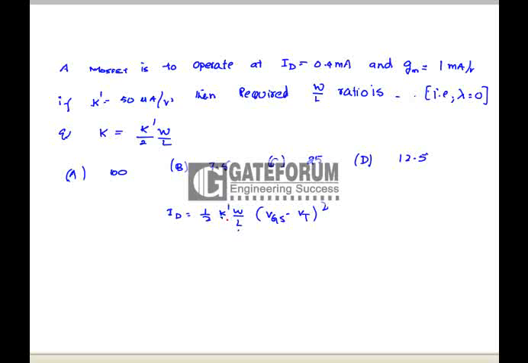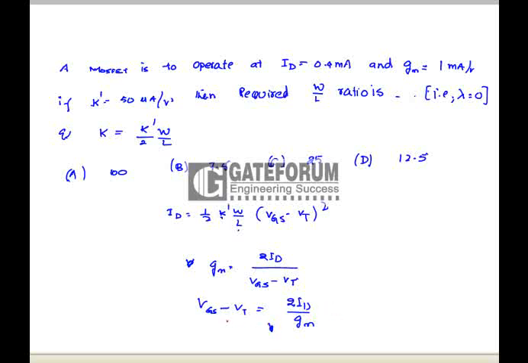We know ID, we know K dash. If we are able to express VGS minus VT in terms of the known parameters, then we will be able to calculate the W by L ratio. So gm is equal to 2ID divided by (VGS minus VT). So VGS minus VT is equal to 2ID by gm.